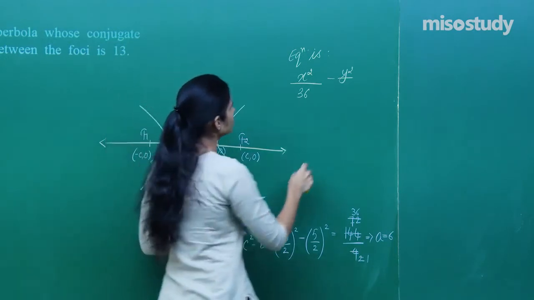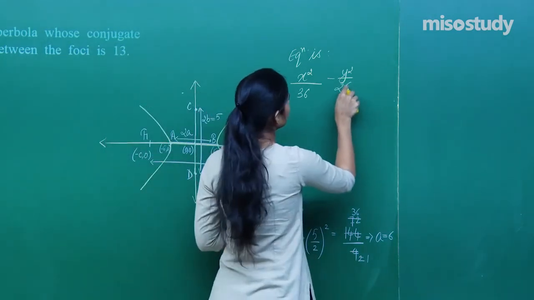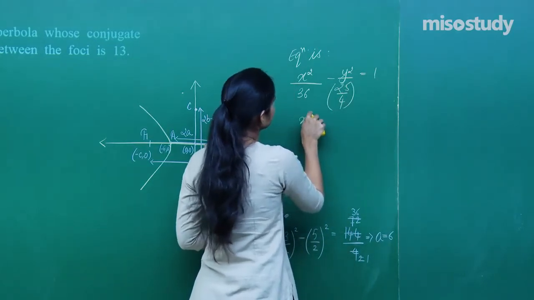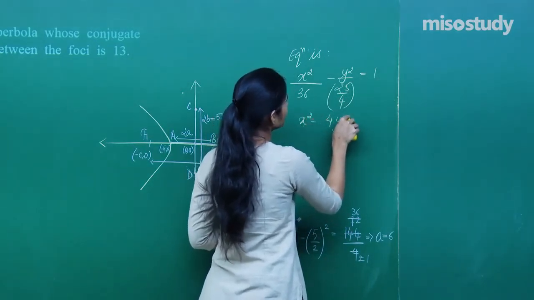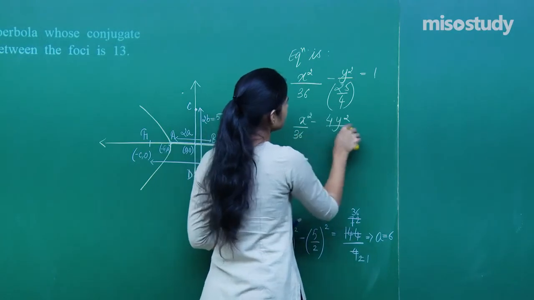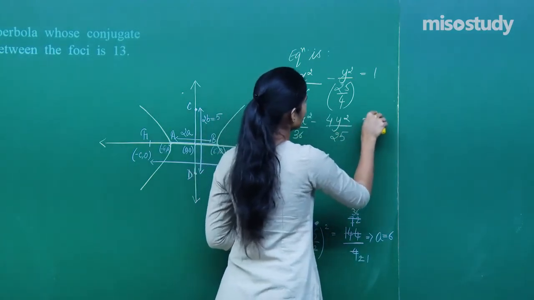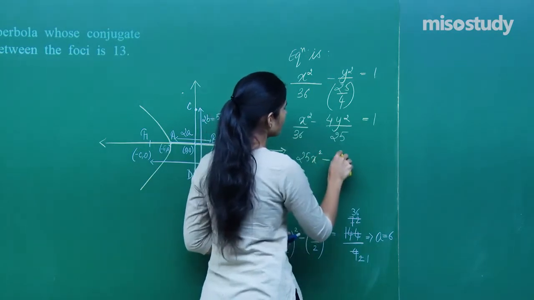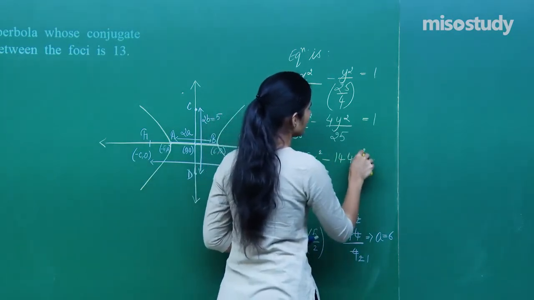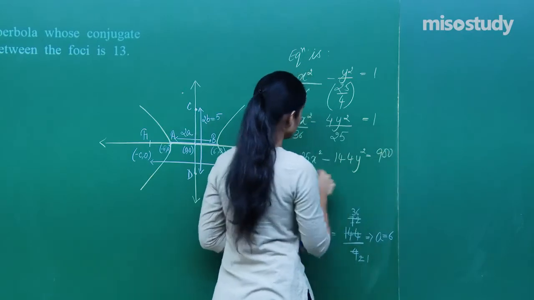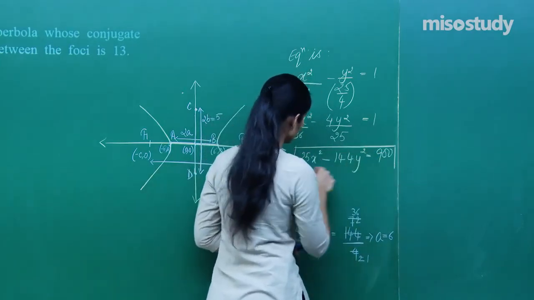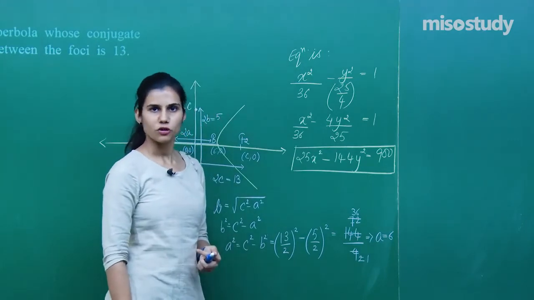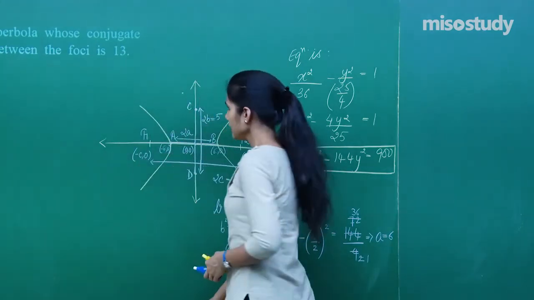B is 5 by 2, so B square is 25 by 4 equals 1. This gives you x square by 36 minus 4y square by 25 equals 1. That is 25x square minus 36 into 4 is 144, y square equals 900, because 36 into 25 is 900. This happens to be the very respective equation of this hyperbola. Let's move to the next one.